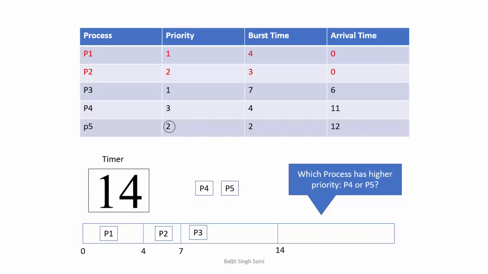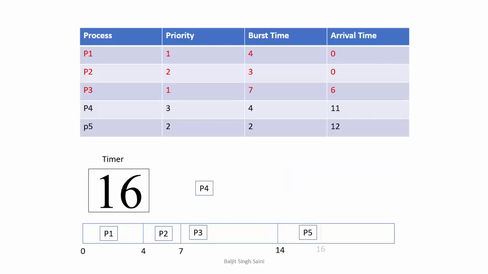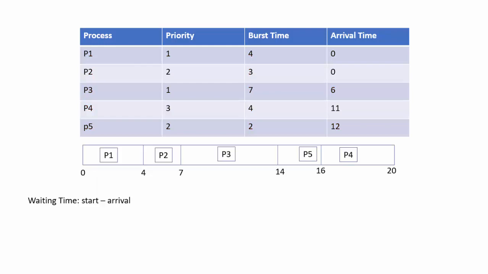This means P5 is having higher priority, so the next process will be P5. It is going to run for 2 seconds and finally we are going to run P4 for 4 seconds and the system will stop at 20. So this is non-preemptive priority scheduling.